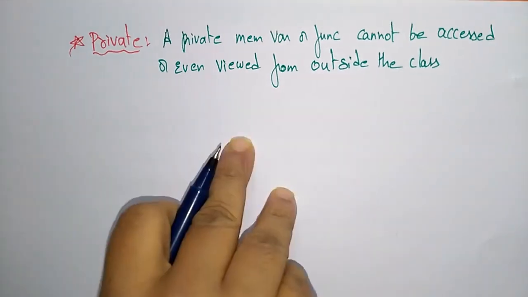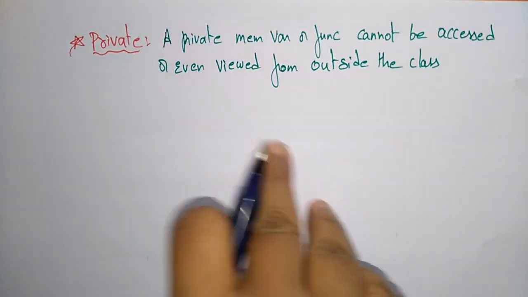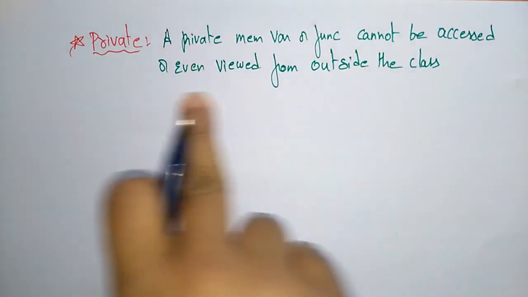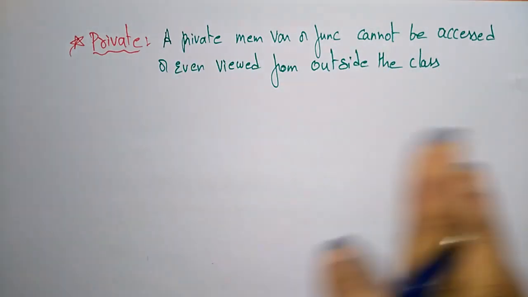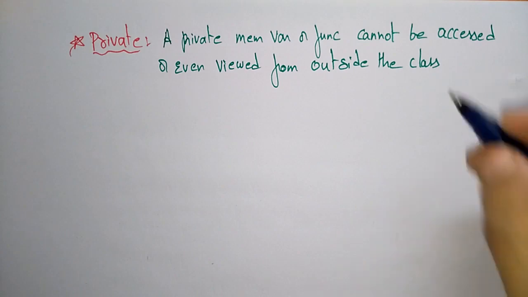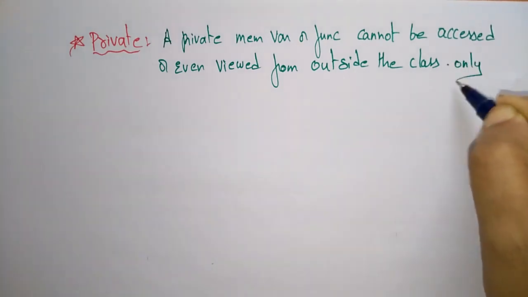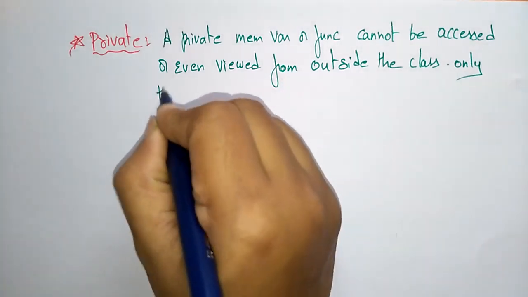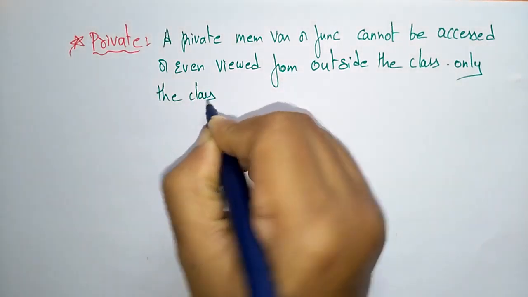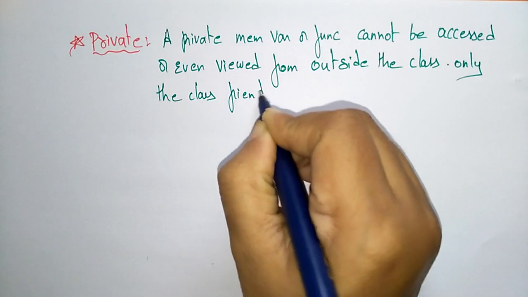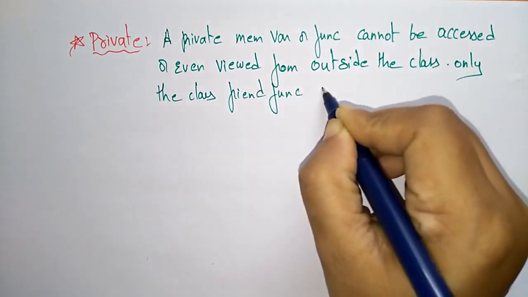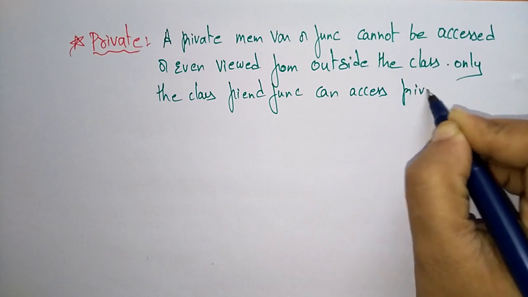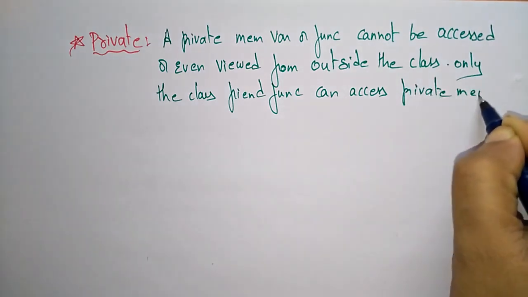So a member variable or a function that is declared as private cannot be accessed or even viewed from outside the class. Only the class friend function can access private members. So only the friends can access.